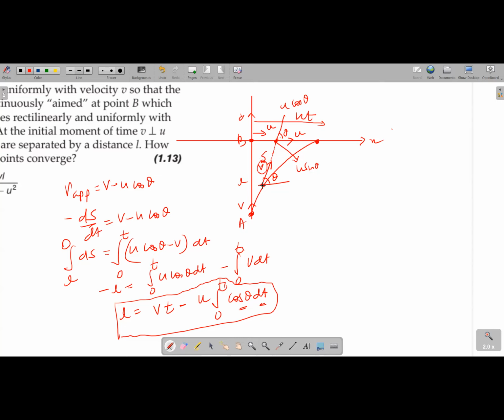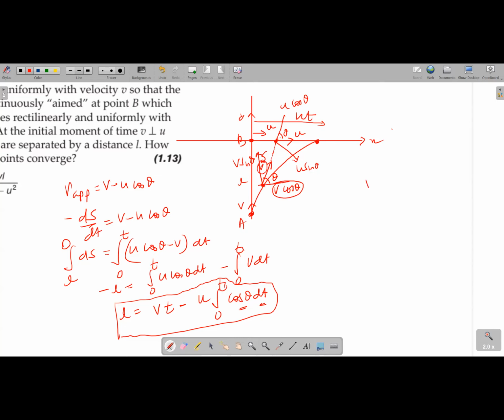If you break the velocity into components, that is v cos theta and v sin theta. So at any time, A has this velocity along the x-axis, and velocity along the x-axis will give displacement along the x-axis.